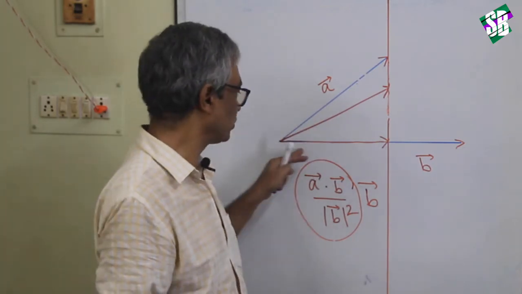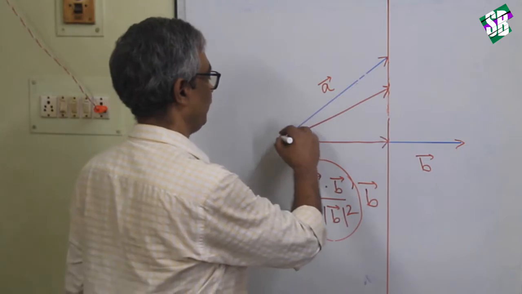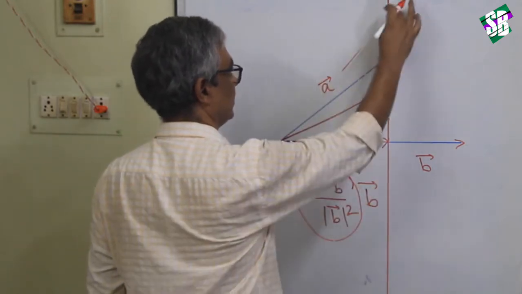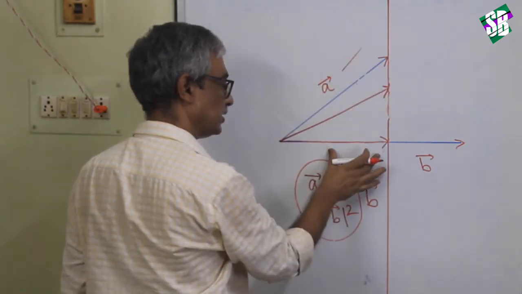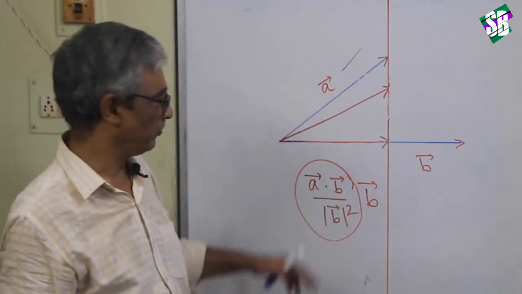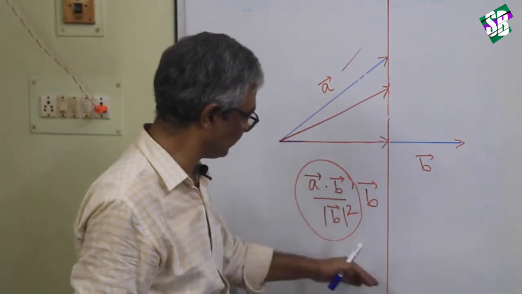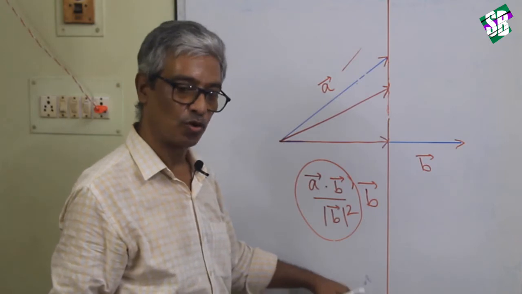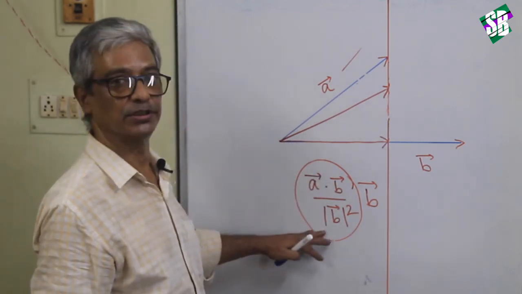Because of the perpendicular, this is the same vector. So if you take this vector, this vector, this vector, this vector, all these vectors have the same projection.